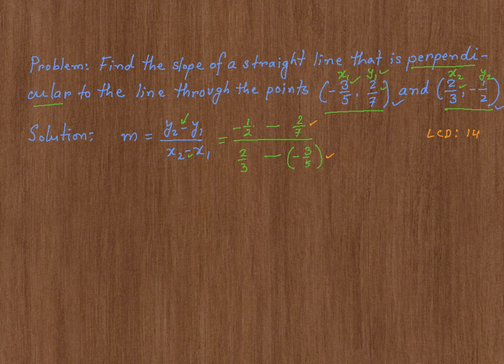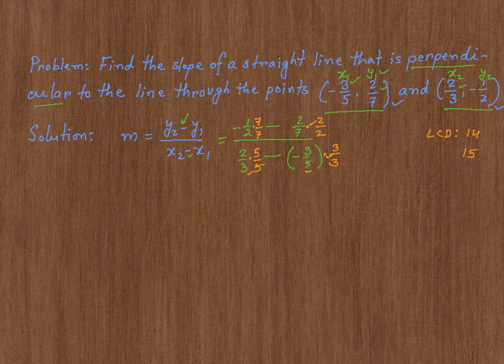So I'm going to multiply negative 1/2 by 7 and divide it by 7, and multiply 2/7 by 2 and divide it by 2. Similarly, in the denominator, 3 and 5, LCD of those two numbers is 15. So I'm going to multiply 2/3 by 5 and divide it by 5. Similarly, multiply negative 3/5 by 3 and divide it by 3.